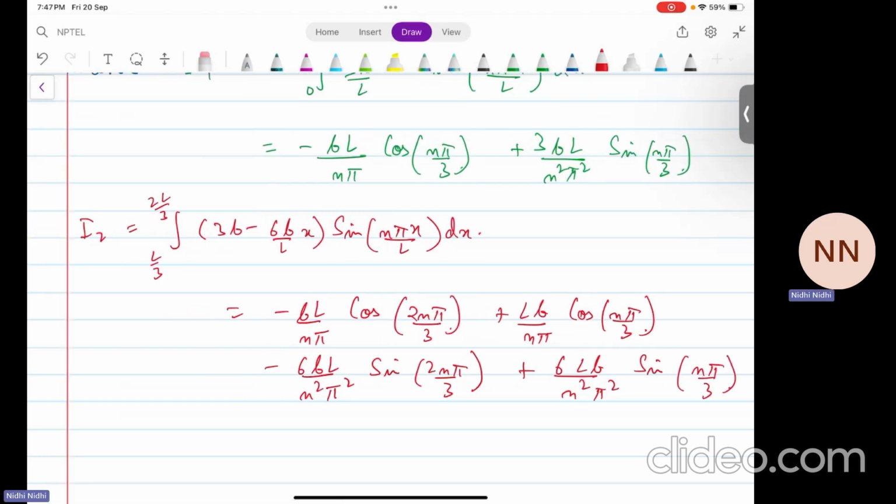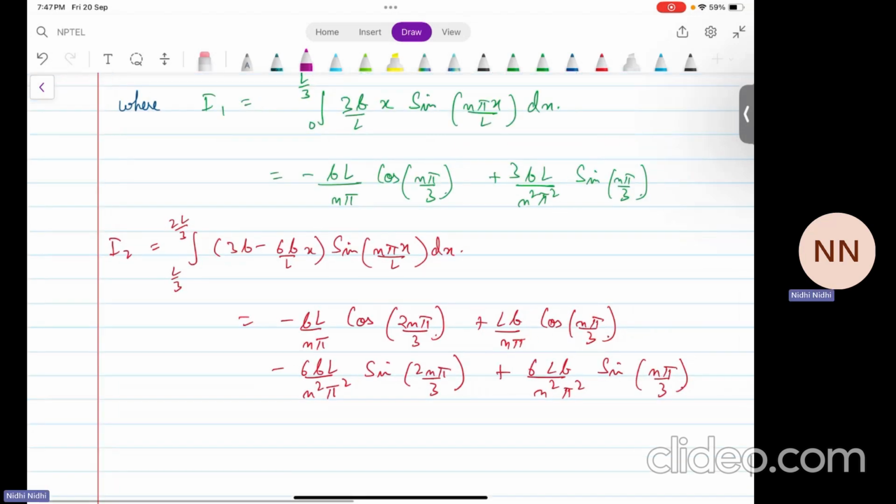And we have I3 is equal to integration 2L by 3 to L, (−3b + 3b by L x) sine(n pi x by L) dx.